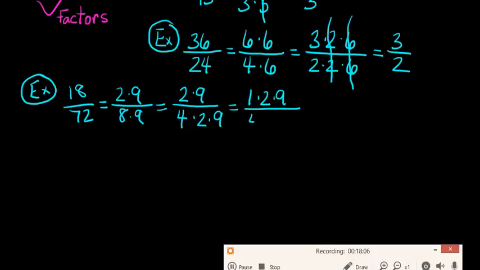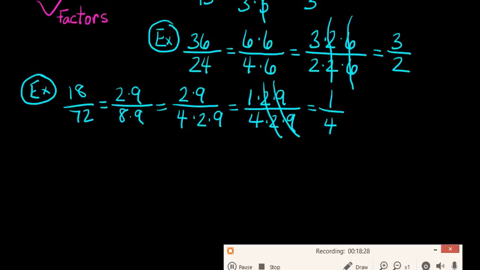And if you notice now, look what cancels and becomes 1. So 18 over 72 is equal to 1 over 4. Alright, let's look at one more before we're finished.